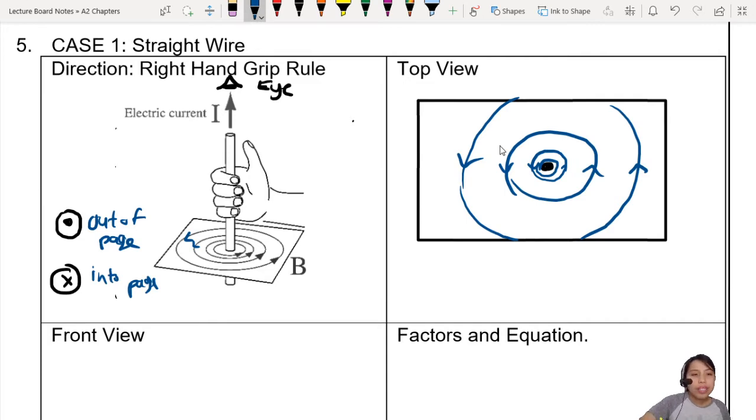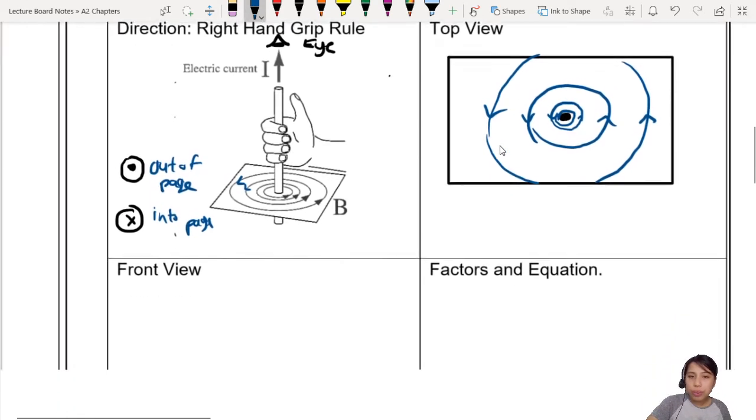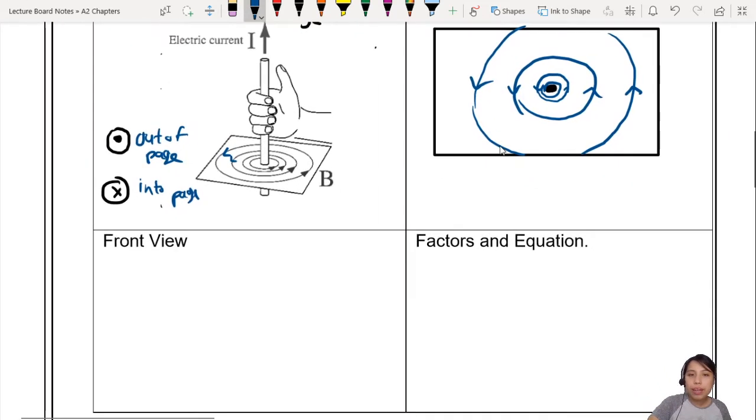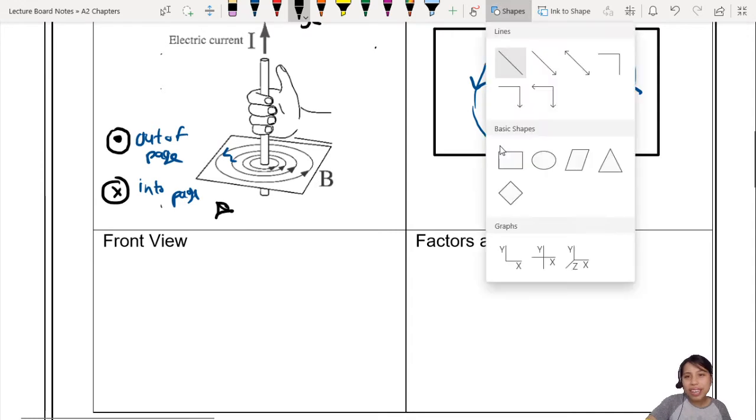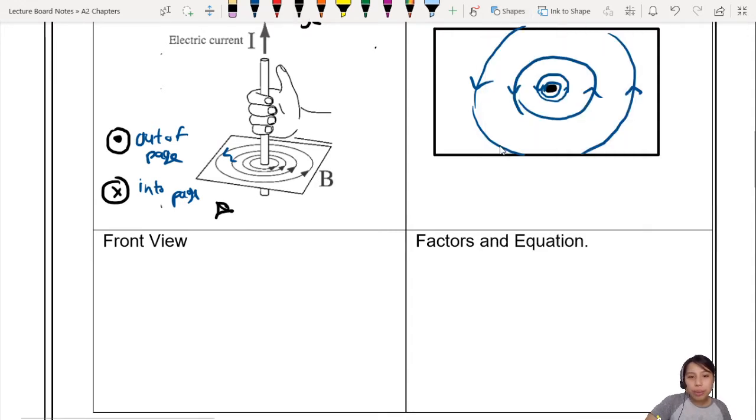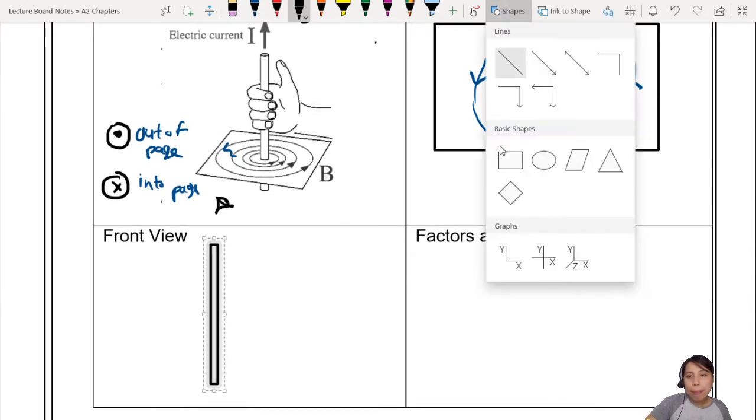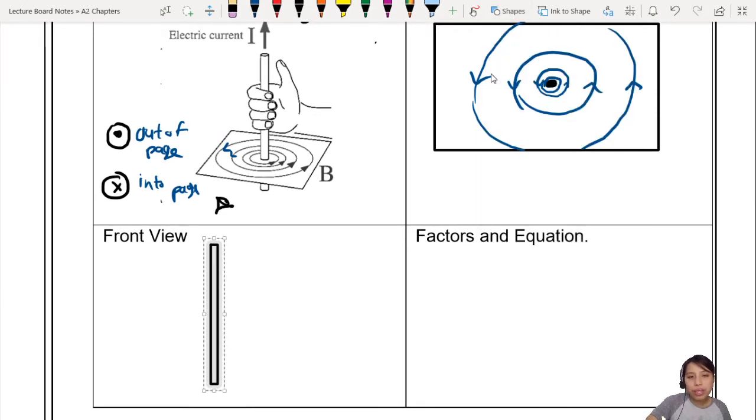And if we look at the front view, so top view was just now, front view will be something like, maybe you look from this side. That kind of makes sense. So your wire will be like this. You have your paper, which is kind of pretty thin.